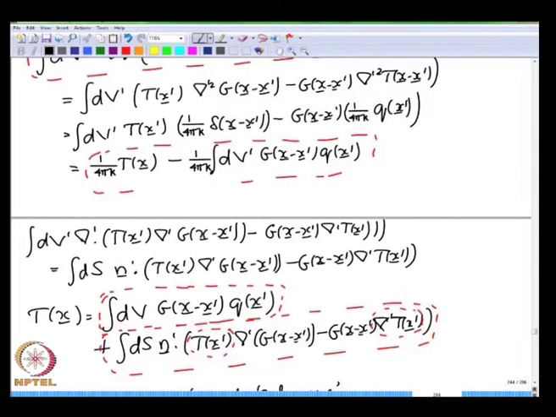So, putting all these together, I will get T at the location x is equal to integral dv prime G of x minus x prime times q of x prime, plus integral over all the surfaces bounding this volume of n prime dot T of x prime gradient of G of x minus x prime minus G of x minus x prime del prime T of x prime.